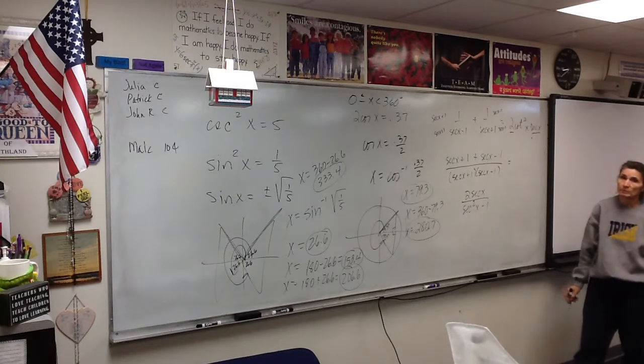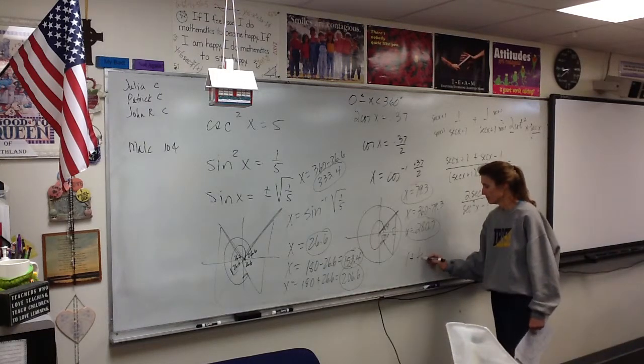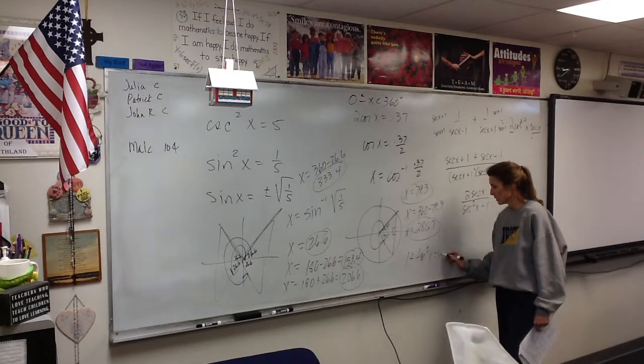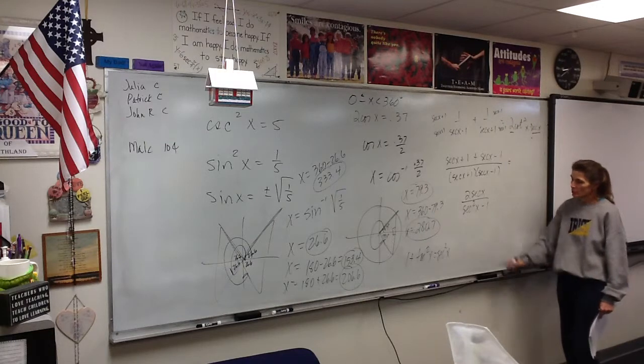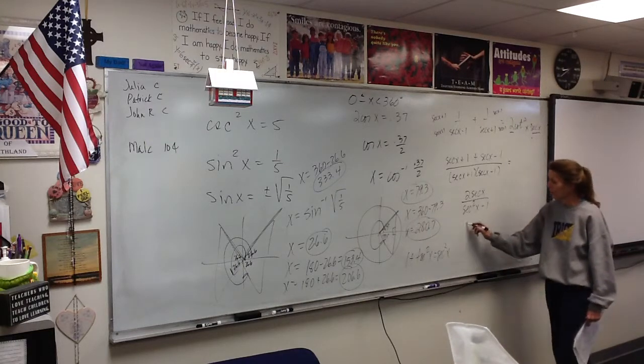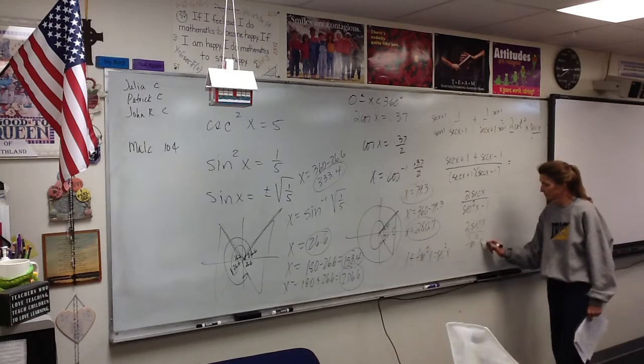Now, groupies. One plus tangent squared is secant squared. You should have that memorized. So secant squared minus 1 is the same as tangent squared.